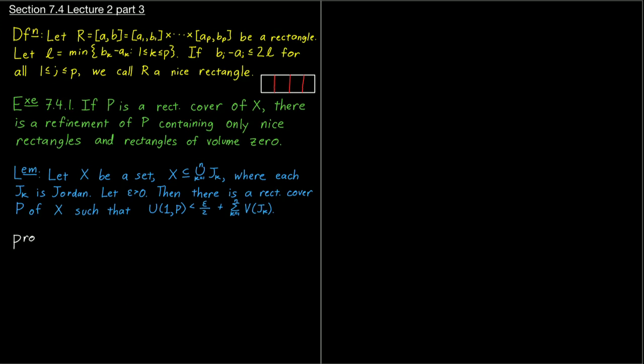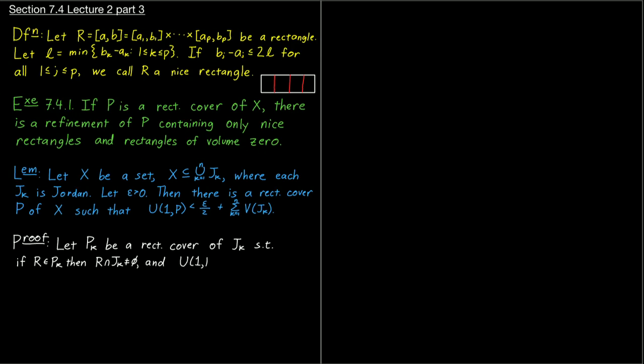So to prove this, it's not terrible. Let's let P_k be a rectangular cover of our Jordan set J_k such that, first of all, it doesn't have any redundant rectangles: if R is in P_k, then R actually intersects J_k, and the upper Darboux sum of 1 over P_k, we can make this as close to the volume of J_k as we want.